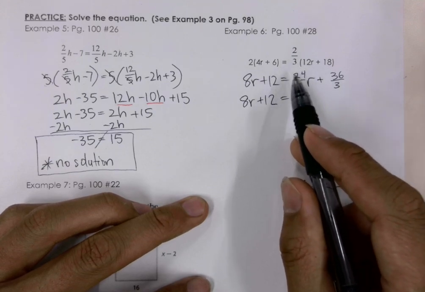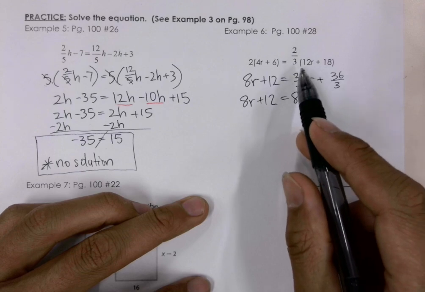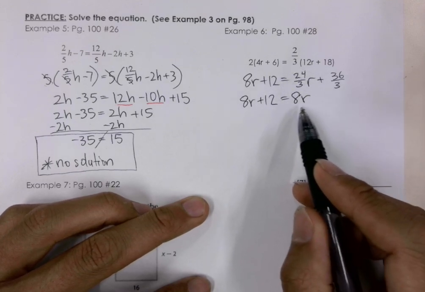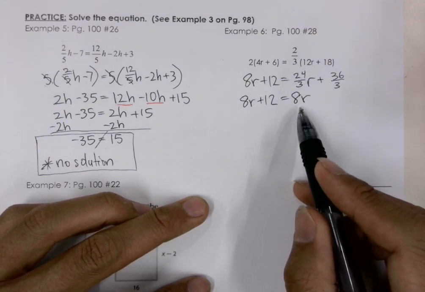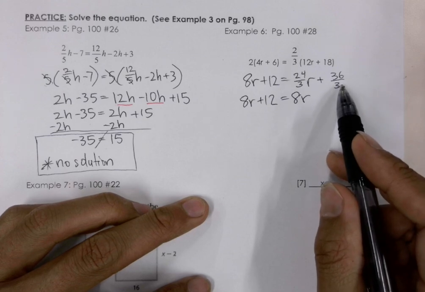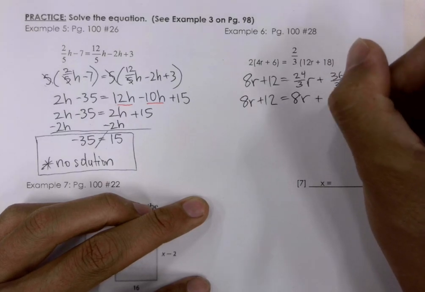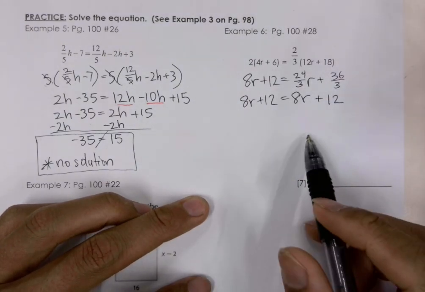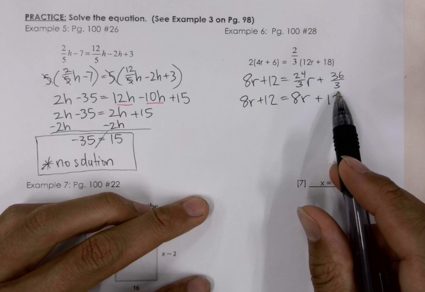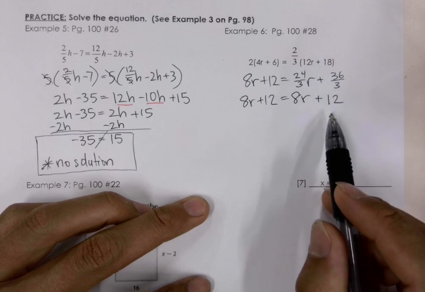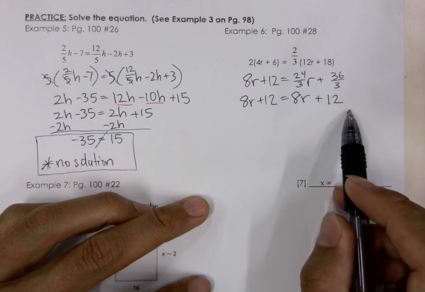So we'll have 8 over 1, and 8 over 1 is simply 8. I'm going to do the same thing for this fraction here. We divide the numerator by 3, so that leaves us with 12. We divide the denominator by 3, that leaves us with 1, so we just have a 12.